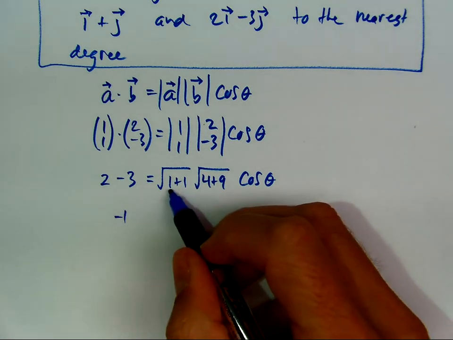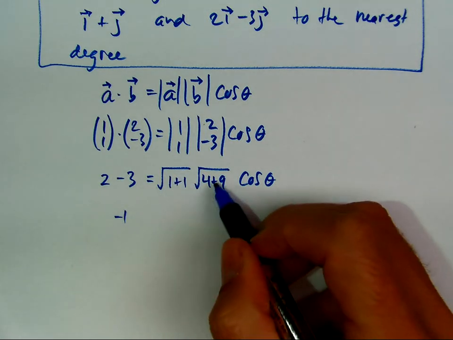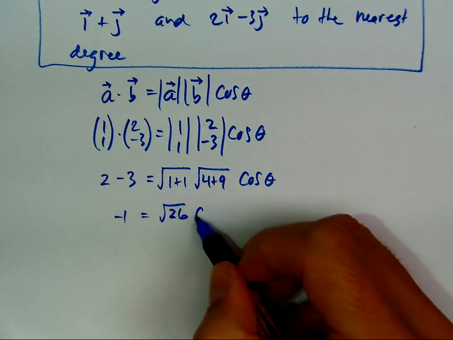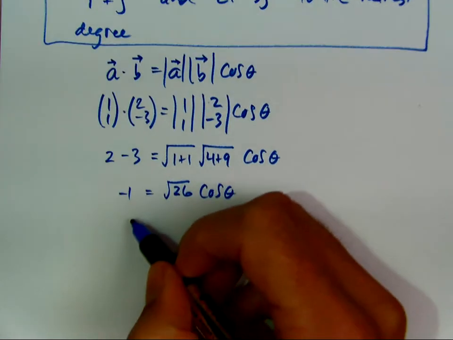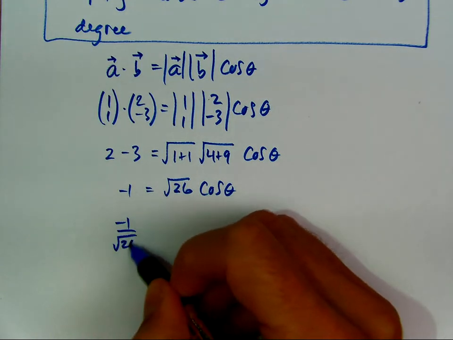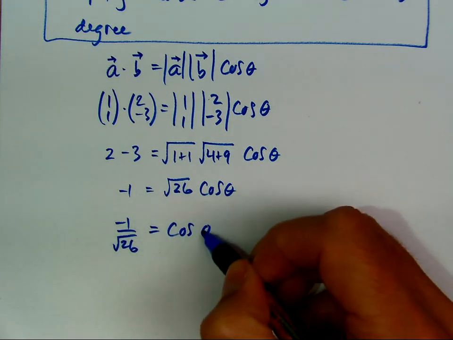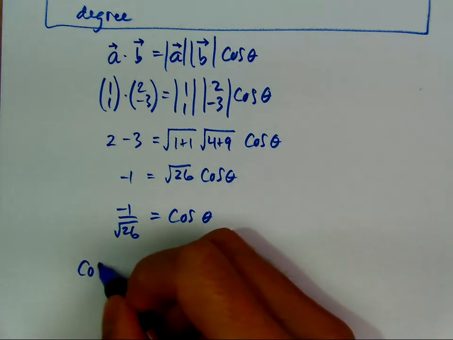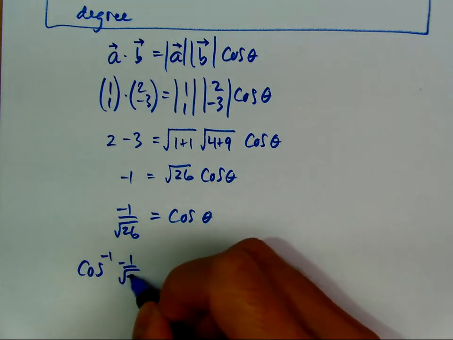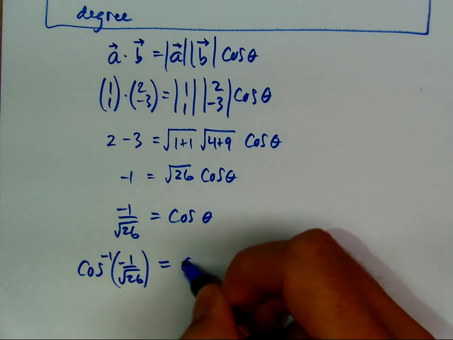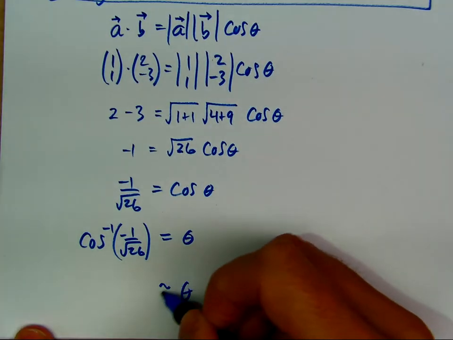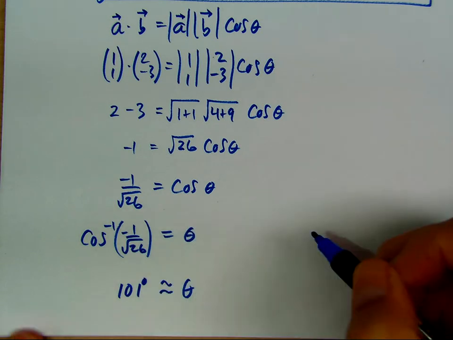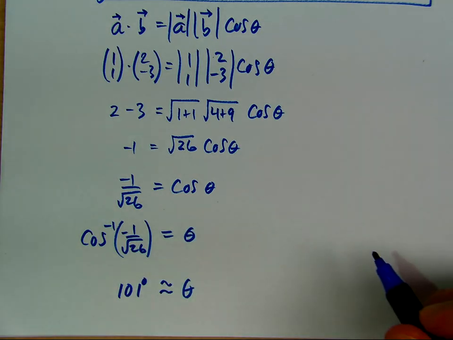This will be 2 times 13. We'll do inverse cosine, and that is approximately 101 degrees if you round to the nearest degree.